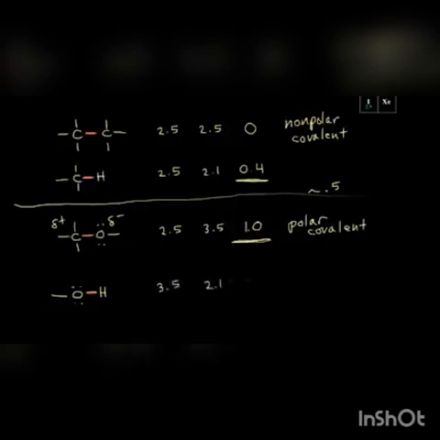So that's an electronegativity difference of 1.4. So this is a polar covalent bond. Since oxygen is more electronegative than hydrogen, the electrons in red are going to move closer to the oxygen, so the oxygen is going to get a partial negative charge, and the hydrogen is going to get a partial positive charge like that.